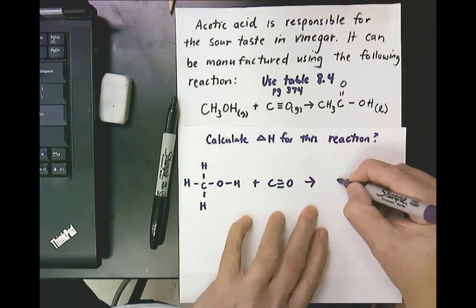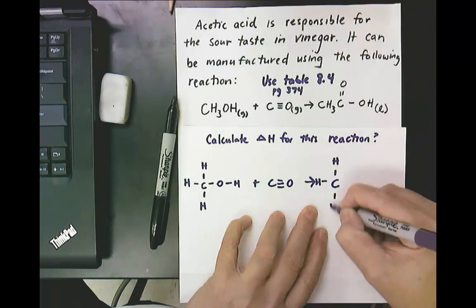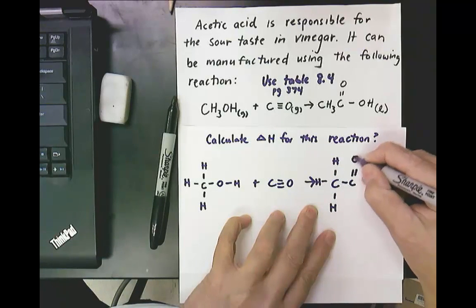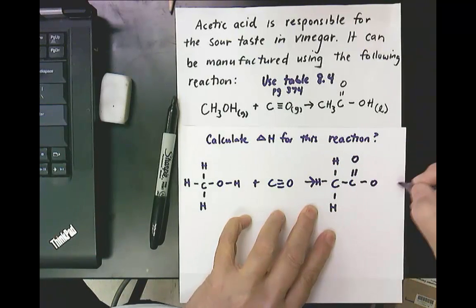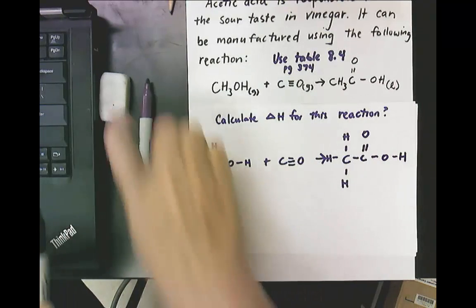And then here's our product. Again, there's our three H's, bonded to C, which is double bonded to the O, and then singly bonded to O, and then H. So what do we have? Let's take inventory.